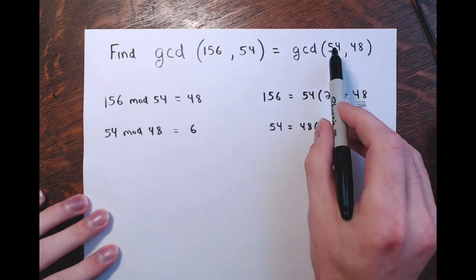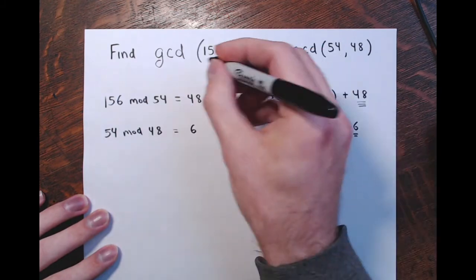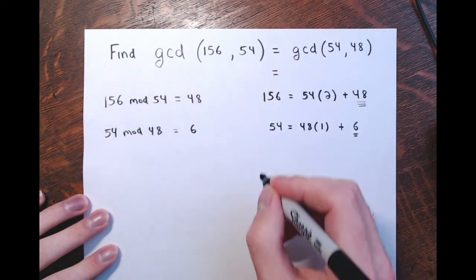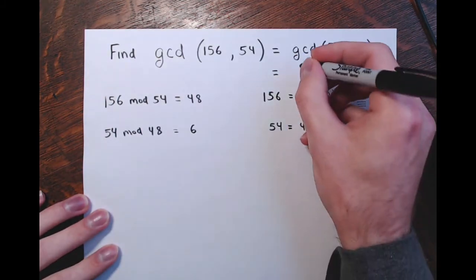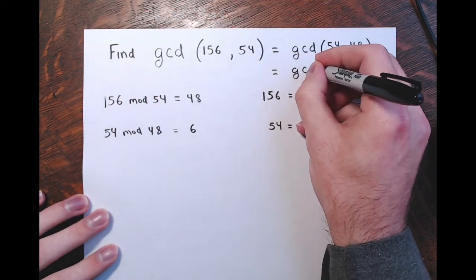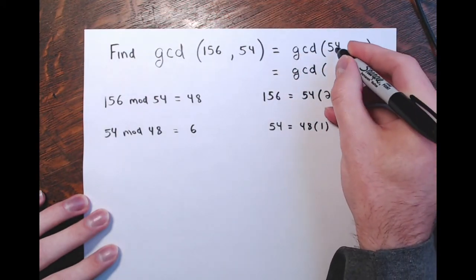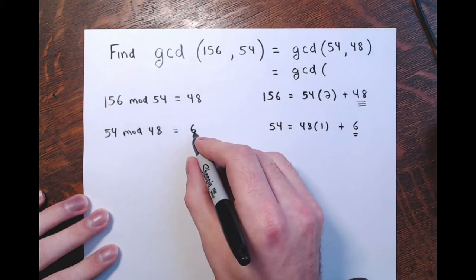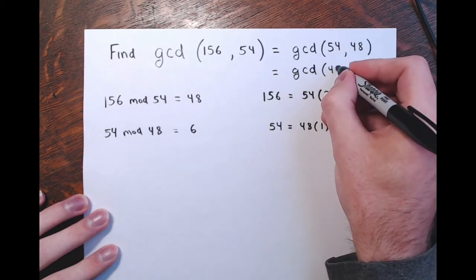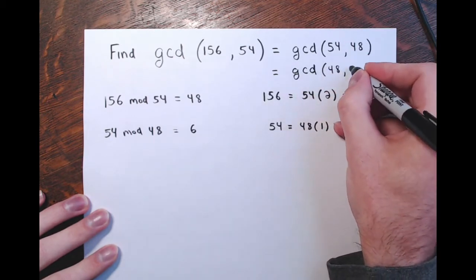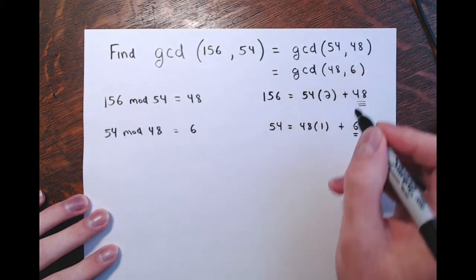So now, by that greatest common divisor theorem, this will be equal to the greatest common divisor of, and again replace 54 with 6 now, and I'm just going to put the largest number first, doesn't really matter, 48 and 6.